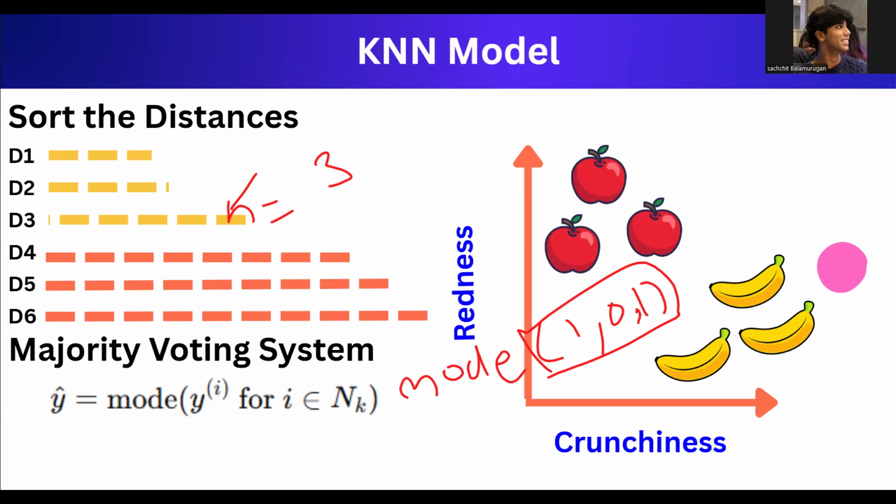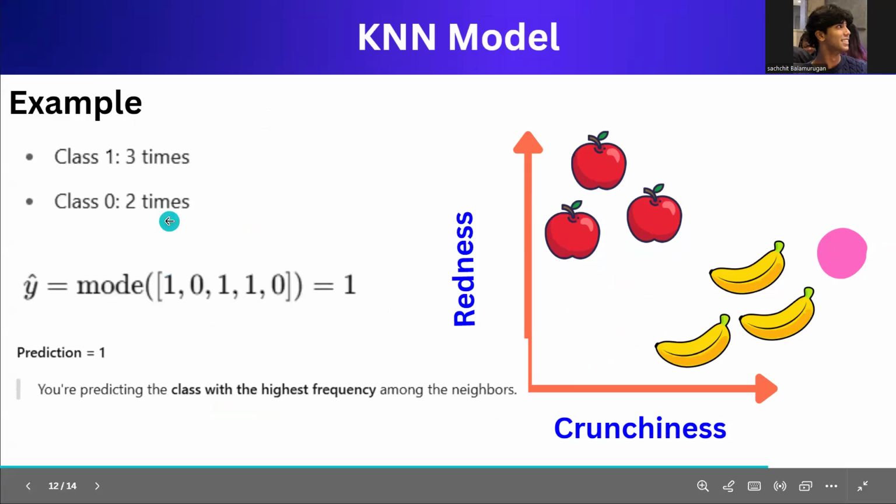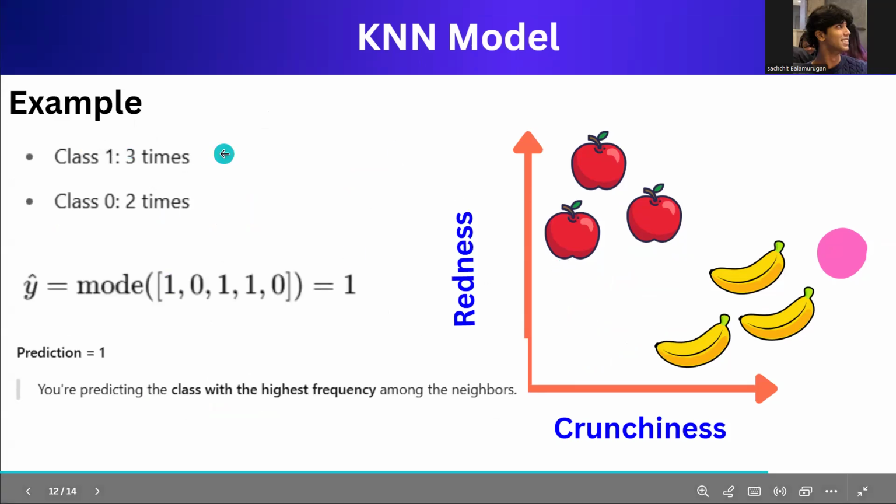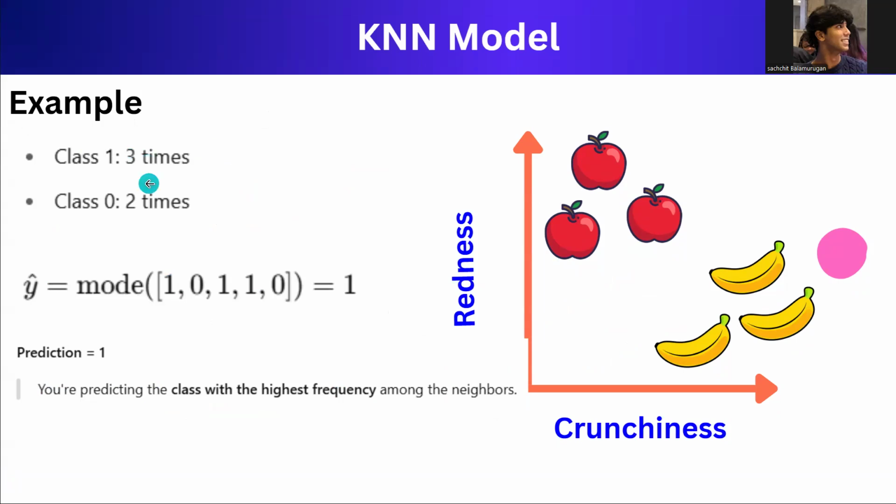So after doing this, I'm giving this example here. Let's say in class 1 we have 3 times, and in class 2 we have 2 times.